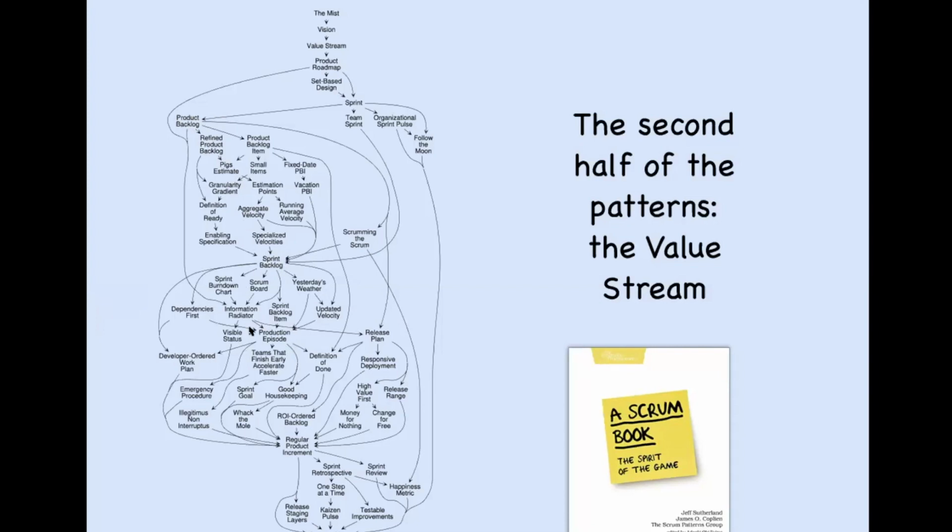We have a production episode, which is the part of the sprint where the team builds something, and they produce a regular product increment. After that, we have the retrospective, the sprint review, testable improvements, greatest value, and eventually all products die. This ends in a pattern called product wake. So these are the two pattern languages.